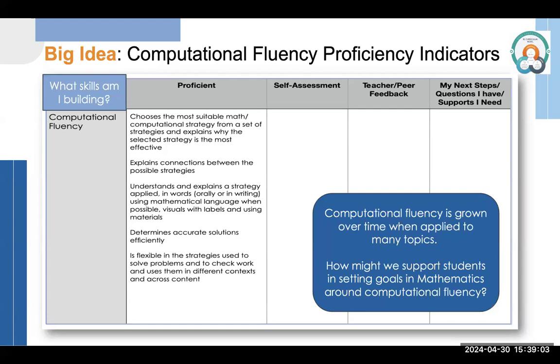We want to also determine whether accurate solutions are identified. And we want students to build some flexibility in using various strategies so that they're self-selecting which strategy could be most efficient and effective in a given situation, especially when it's solving problems in daily contexts.